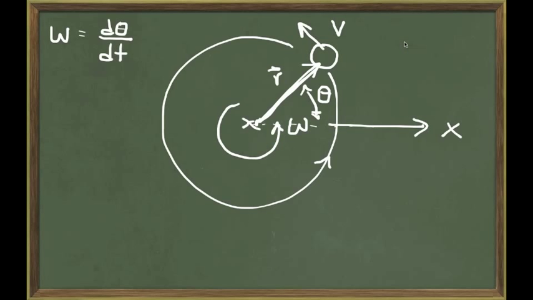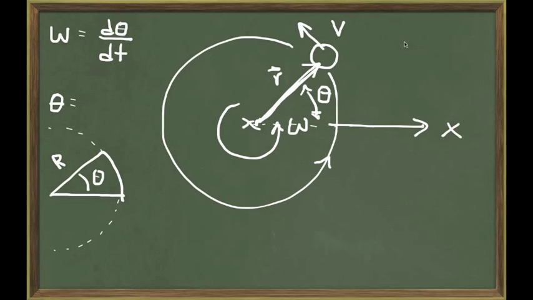So there is a connection between v, the linear or tangential velocity of the object in circular motion, and omega. We talked about this before. We know that there's a connection because the angle in radians is defined as the length of the arc. This is all in a circumference, part of the circumference.